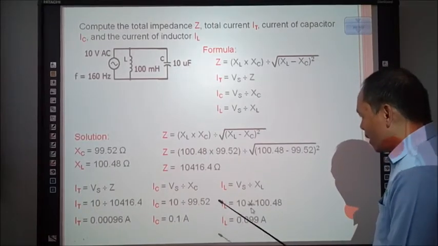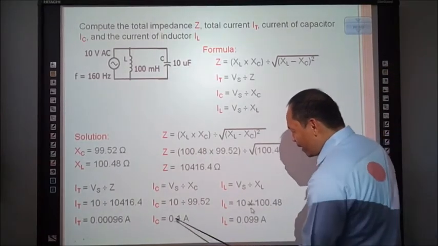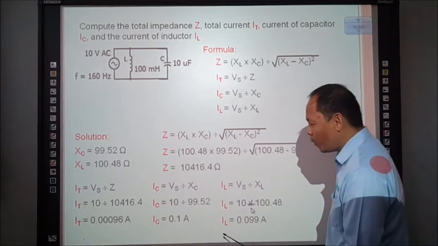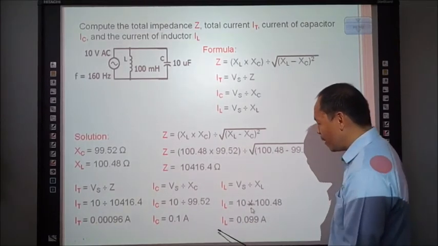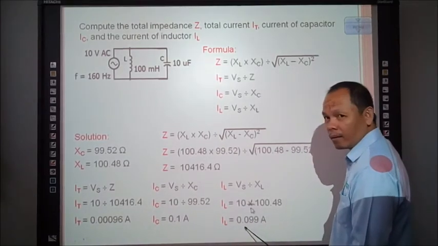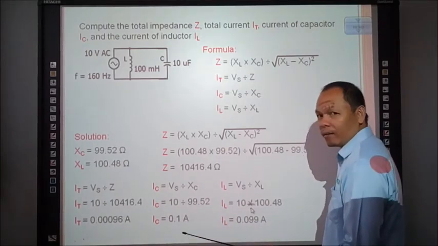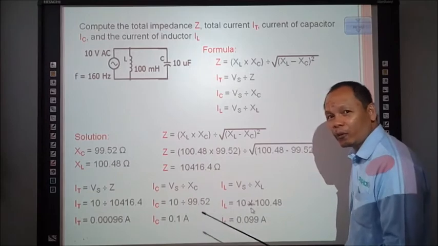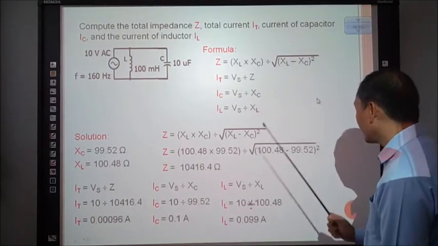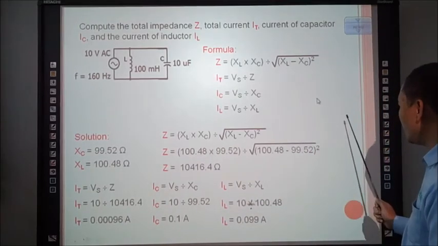Then, is this correct, the IC and IL? How will you know that these are correct? Let's solve for the total current using another formula.